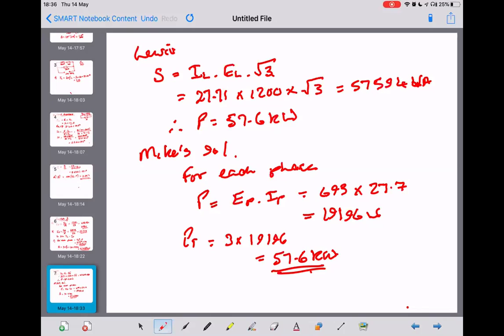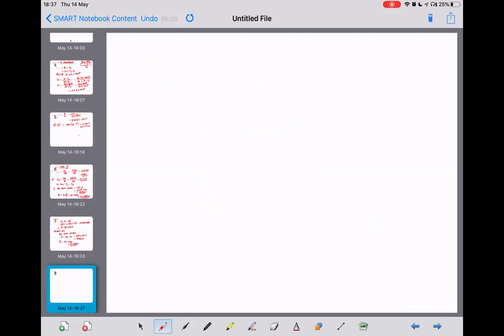Now here, which load you change will make a difference to what the angle is at the end, but won't make a difference to the magnitude of the current in the neutral. Yeah. So, did you do this one, Lewis?